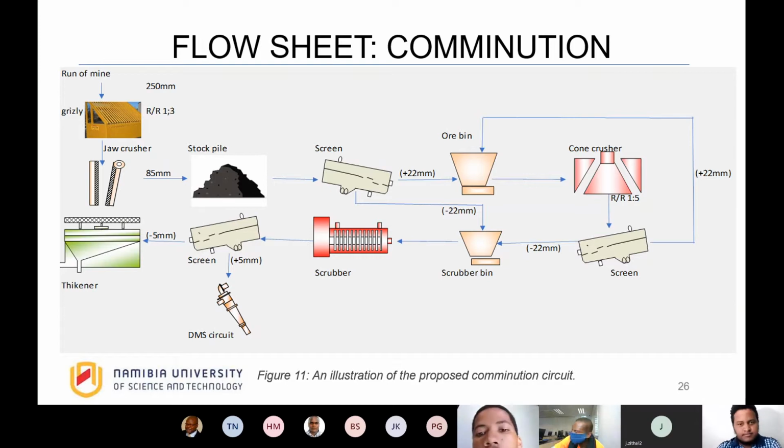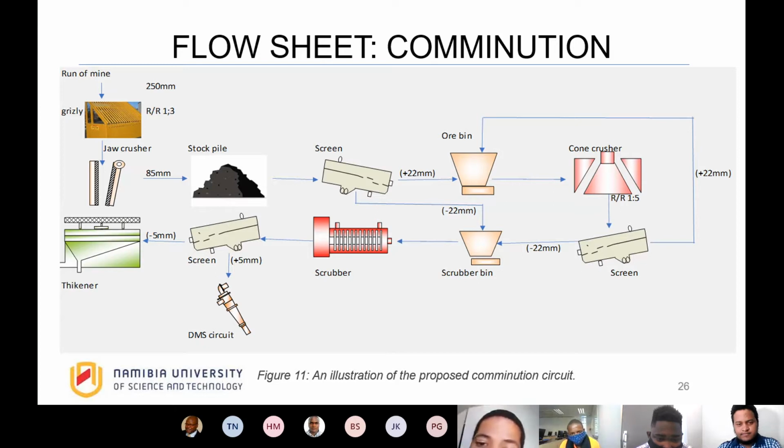So we have to adjust our target fraction in such a way that we don't bring in too much fines. We have to adjust our screens such that we don't bring in too much gangue material. We don't want to be treating a lot of gangue. We just want to maintain our tons per hour flow rates.